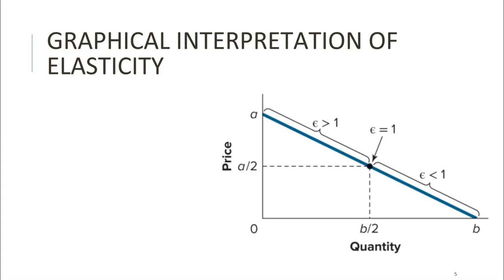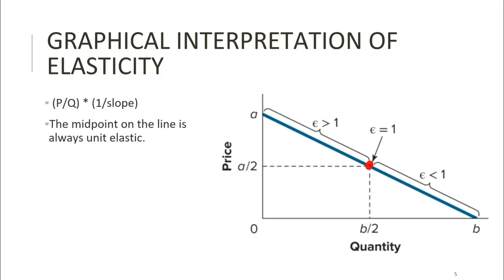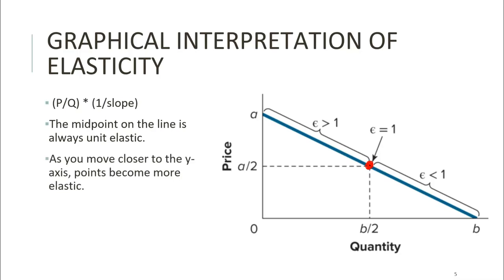If we're looking on a graph, there's going to be some kind of midpoint on your line where we have unit elastic. In this case, this is demand, so unit elastic demand. And then anything that's getting closer to the y-axis, so over here where we have higher prices and lower quantities relative to that unit elastic point, we're going to see that our demand becomes more sensitive or more elastic.